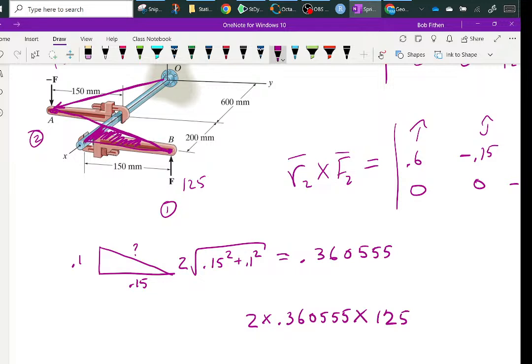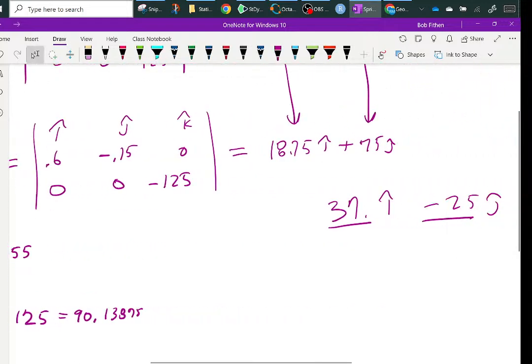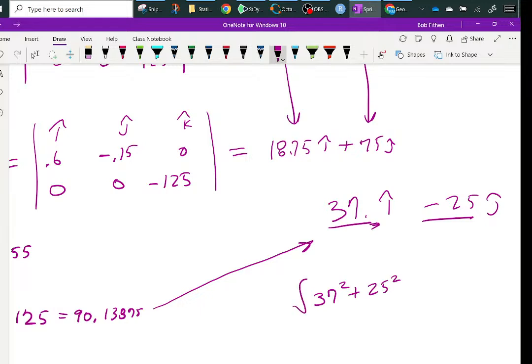Well, it did pick it up as a 2. Then I get 90.13875. So the question is, is that the same thing as 37 squared plus, and I left some digits off, 25 squared? I do not know. I feel an uneasiness here. 44.65. No, they are not the same.